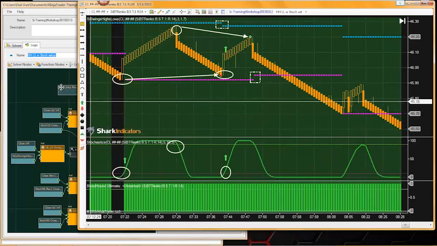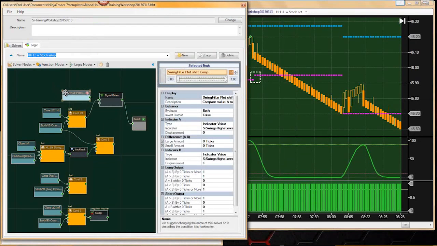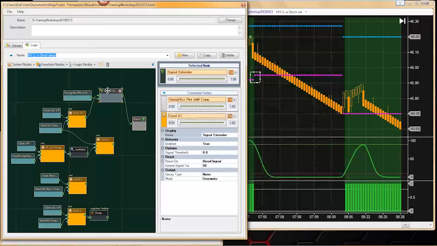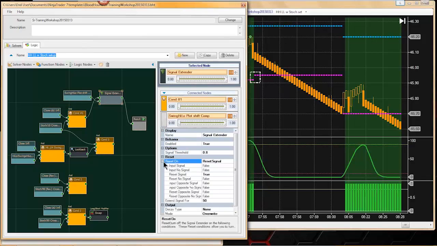So now we'll use this comparison solver to actually turn off the signal extender. Think of the resets as essentially turning the function node off.